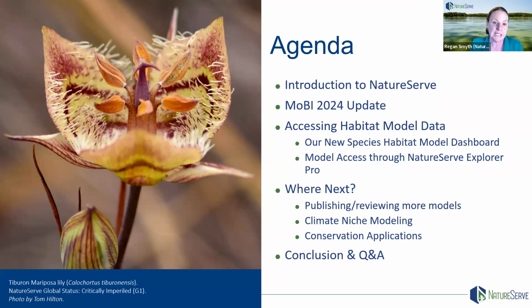Max Tarjan will then take over to share more information about the underlying models and how you can access that, as well as some information on where we're headed next, including work related to climate shift models, which is pretty interesting. We have a few different applications to share of how these data are being used on the ground, and then I'll wrap up with just a review of how to get access and use this information in your own work. So that's the plan.